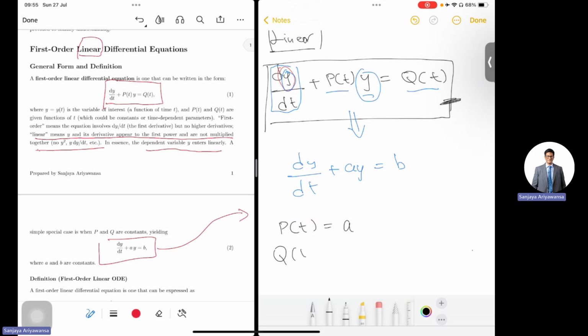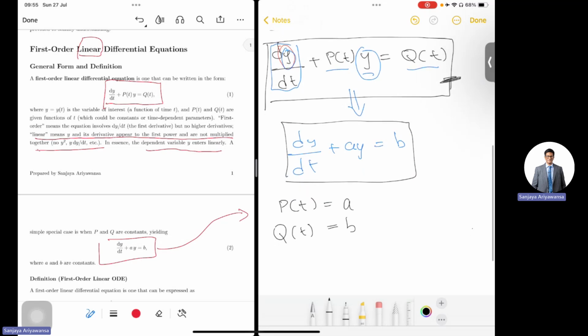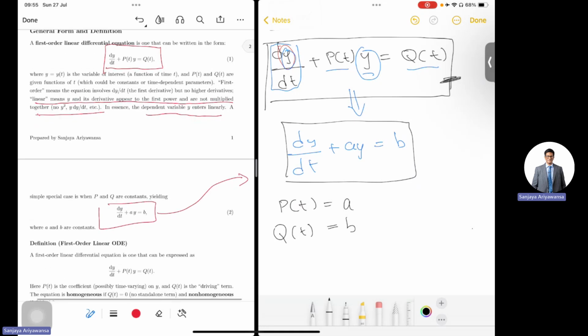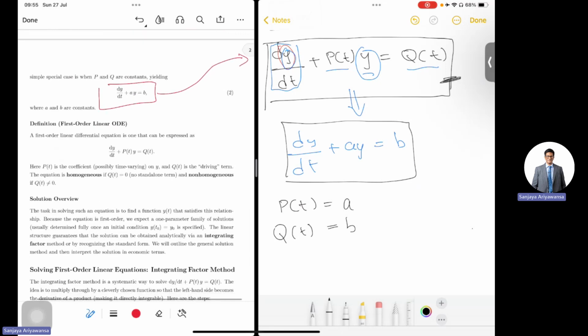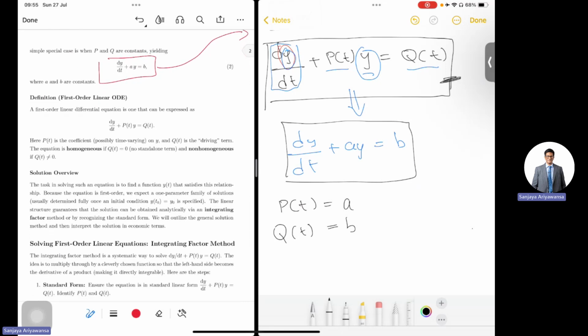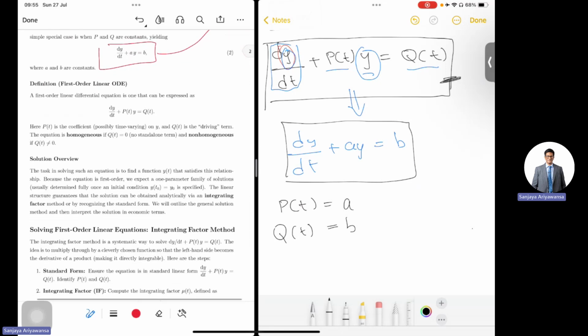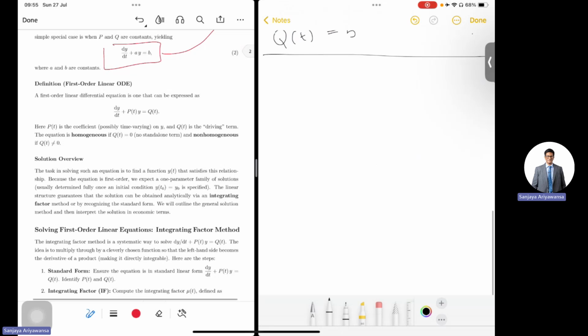The function q, which is also a function of time, is also a constant b. So still, this particular equation is of the standard form. It's just that the coefficient of y is a constant, and the right-hand side value q of t is also a constant. So let's have a look at how we solve first order linear differential equations, right? That's what we're going to look at next.